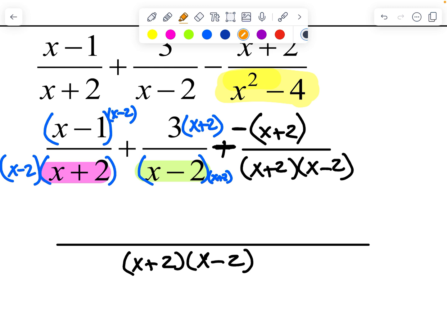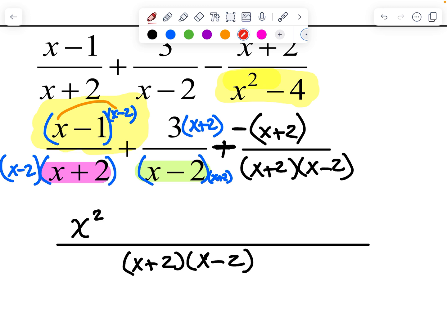Okay, so the next thing we're going to do, friends, is we are going to multiply these two things together. Now, if you understand your factoring, which I suspect, but if you understand your factoring, you have x times x, which is x squared.